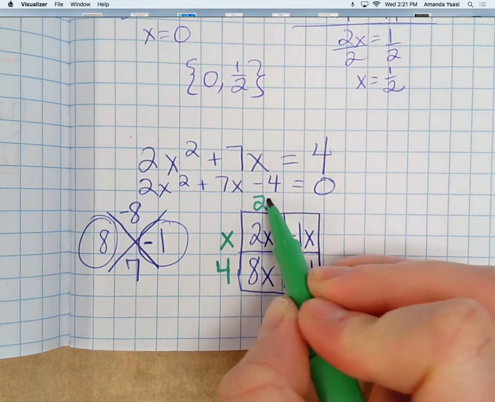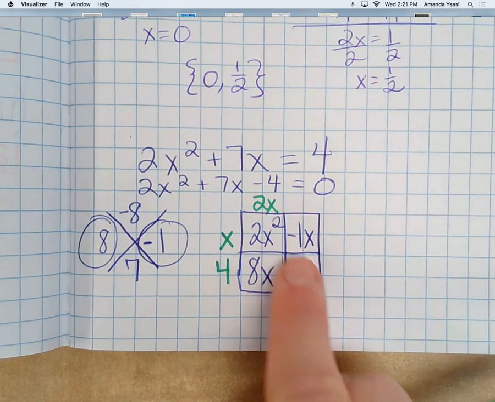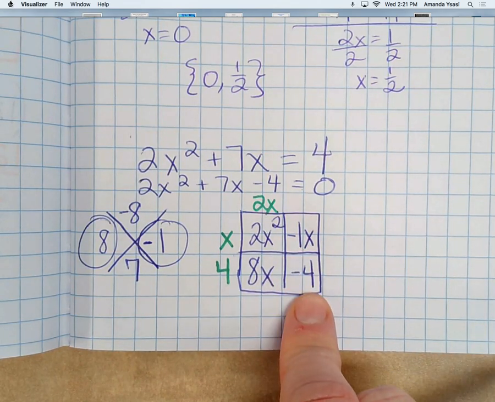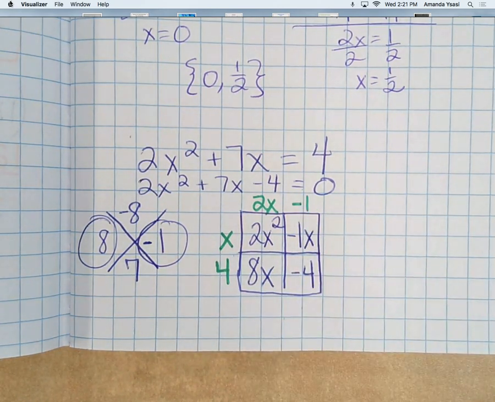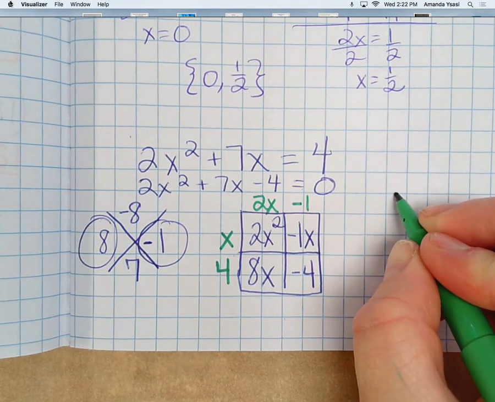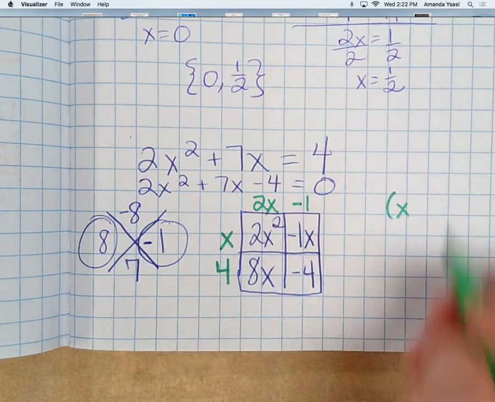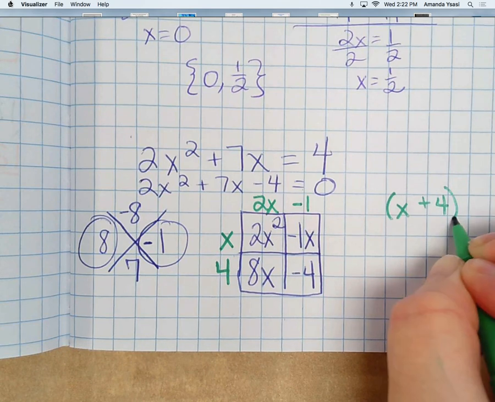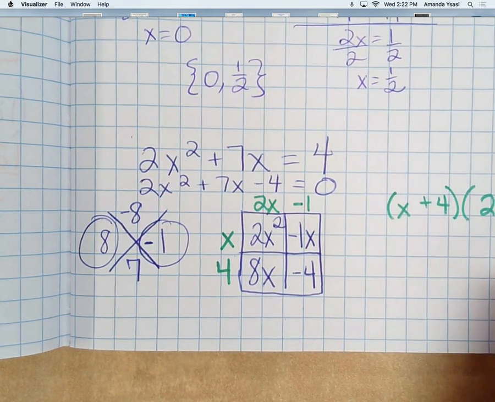It's 2x. And negative 1x and negative 4. They're both negative, so I'm going to pull out a negative 1 because I have nothing else in common. So my factors are x plus 4 times 2x minus 1 equals 0. If there's no operation here, that means it's plus.